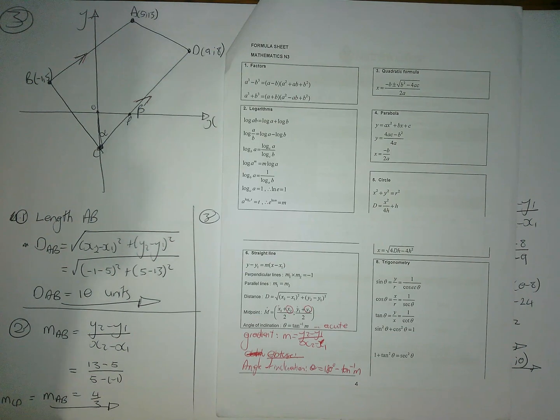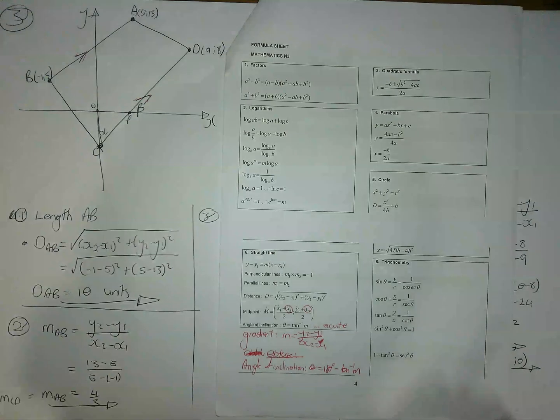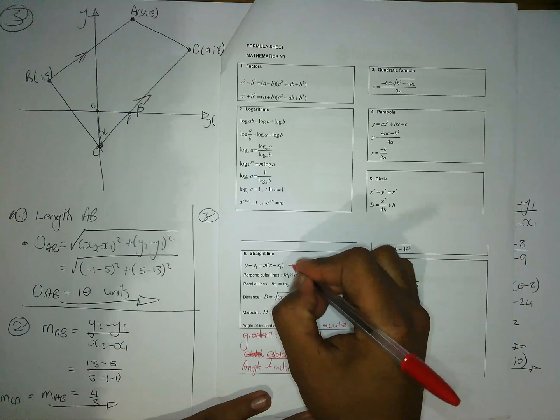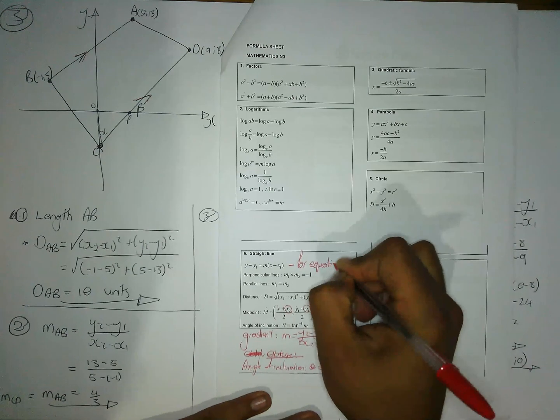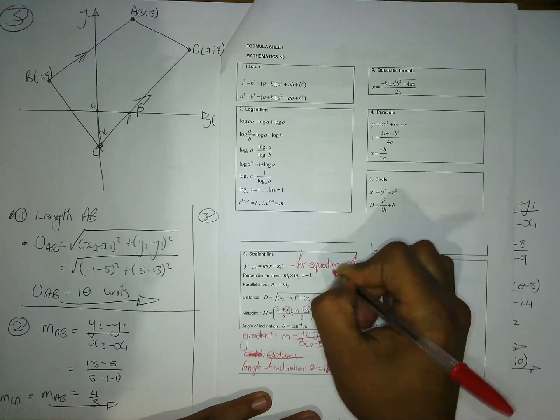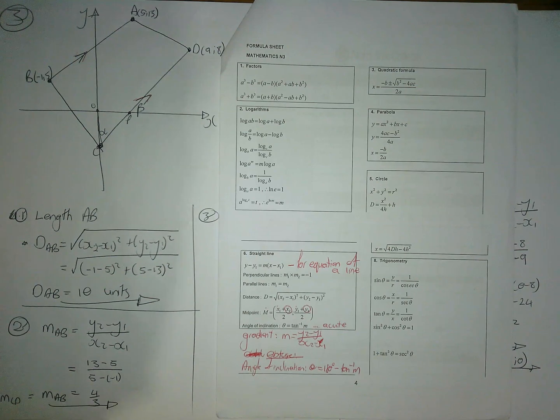The next question should be straightforward, guys, and this is 4 marks for you already. Determine the equation of the line CD. Leave your answer in the form y equals mx plus c. For the equation of a line, we must use the formula y minus y1 equals m times x minus x1.